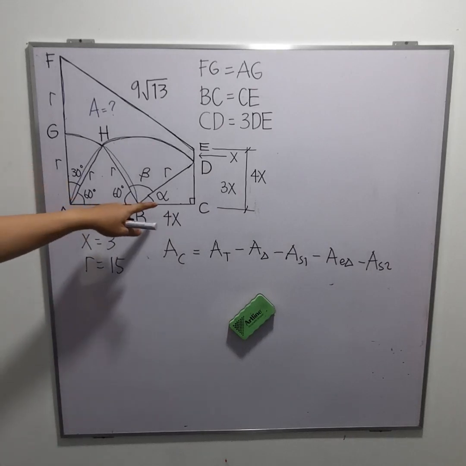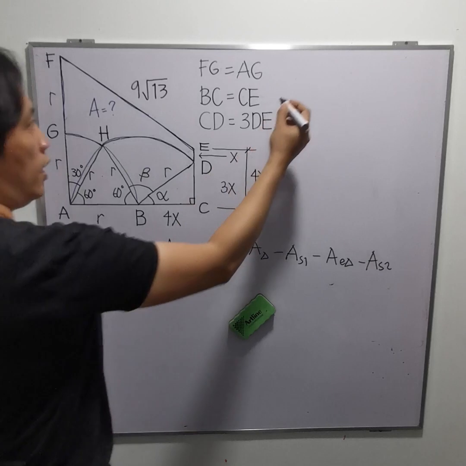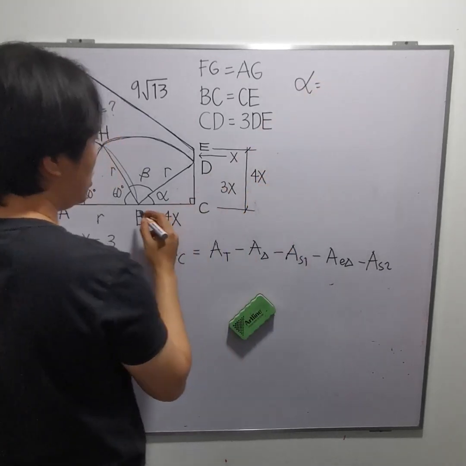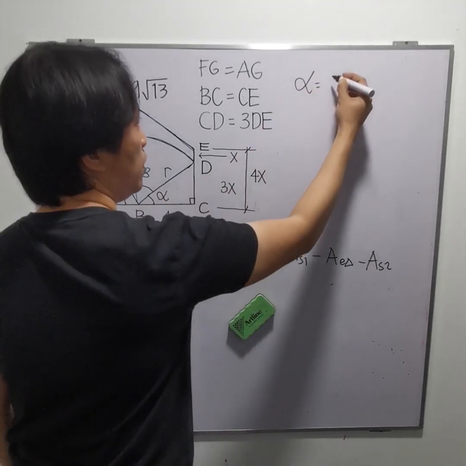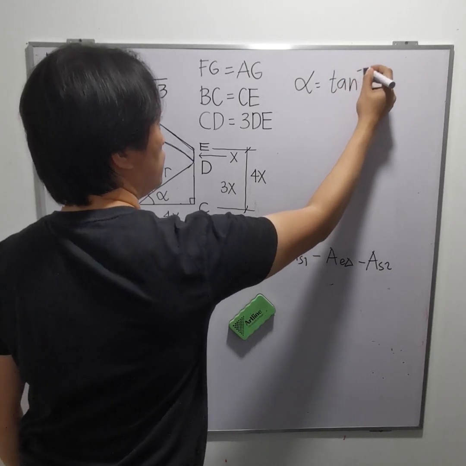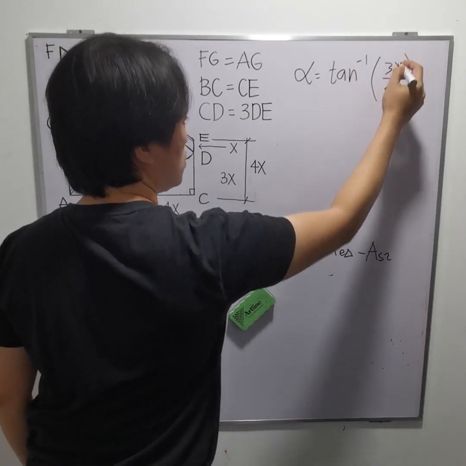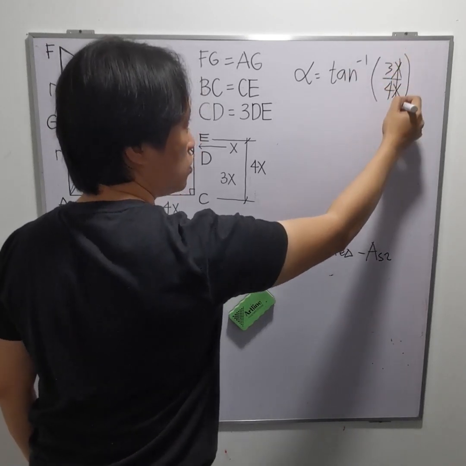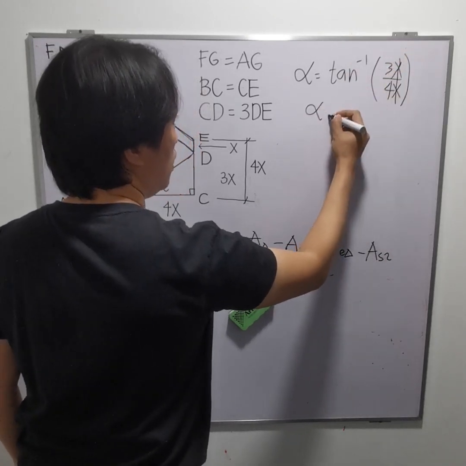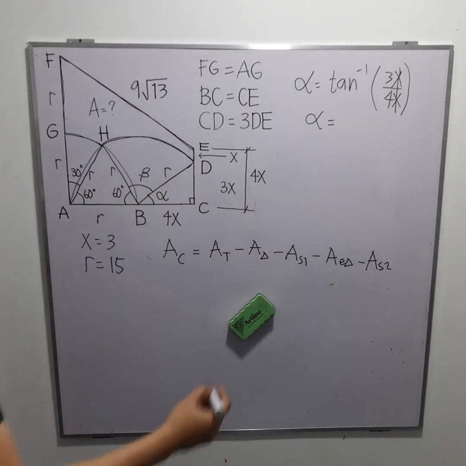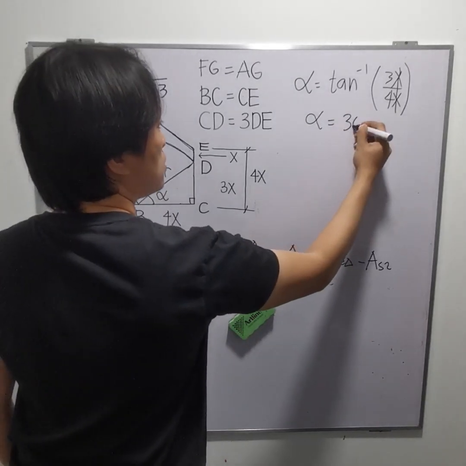So the only unknowns here are the angles alpha and beta. So alpha is equal to inverse tangent, opposite over adjacent. So we have inverse tangent of 3x over 4x. Don't mind substituting the x, it just cancels out. So alpha is equal to 36.8699, right?